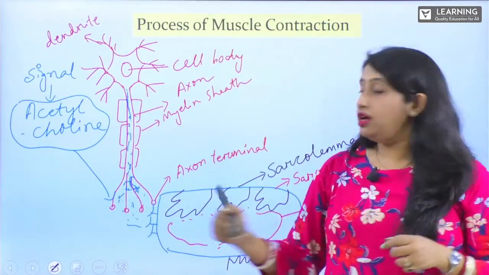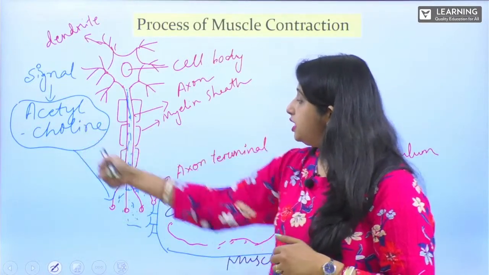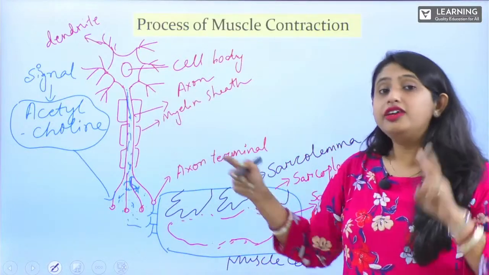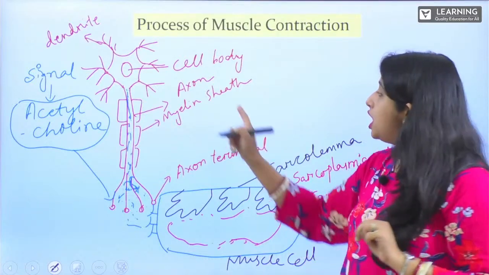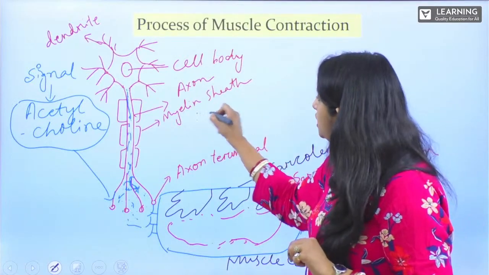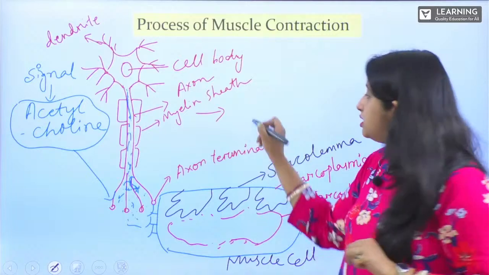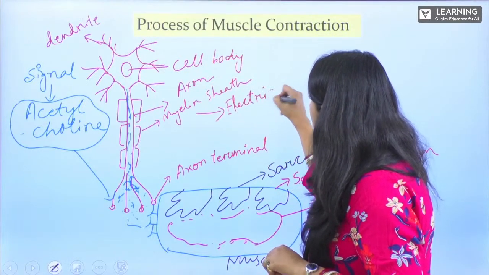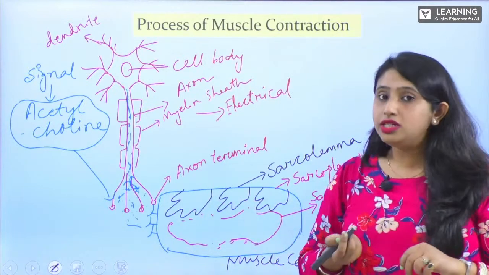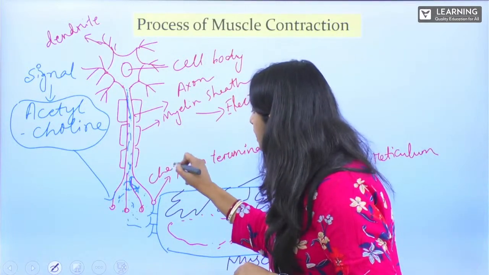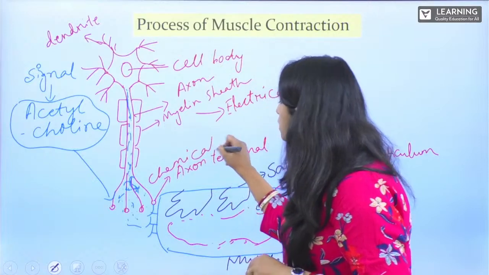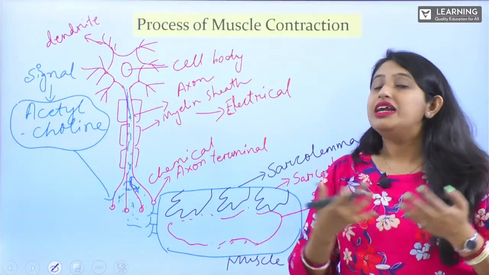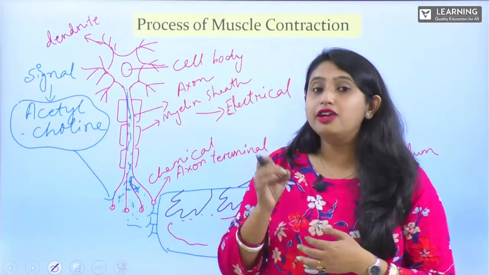In the axon there will be an electrical signal, and near the axon terminal there will be a chemical signal. The conversion of the electrical and chemical signal we will discuss when we learn the nervous system chapter in detail.